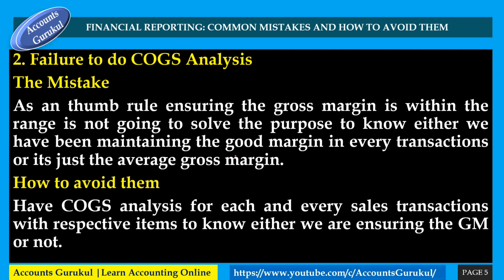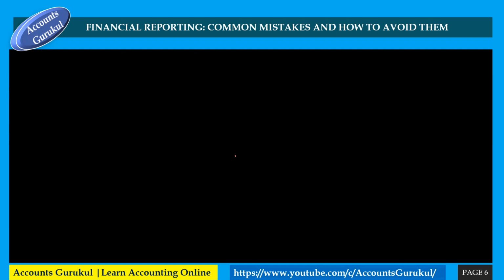Do COGS analysis for each and every sales transaction with respective items to know whether we are ensuring the gross margin or not. And wherever there is a red alert, we have to go into the depth and know what's the cause for that. Or else we are not going to have a good margin on those transactions.